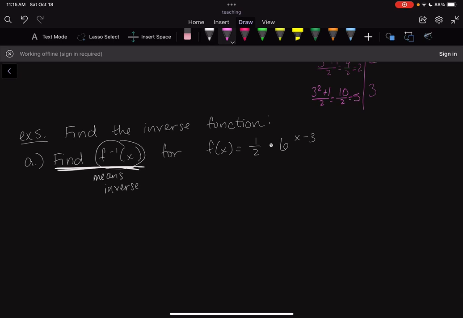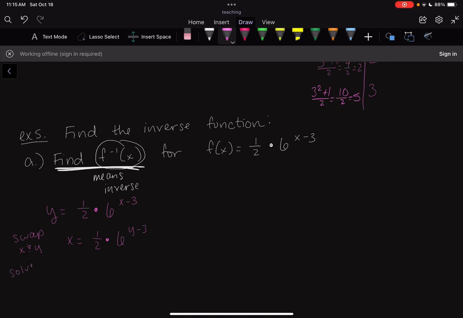So remember from our inverse section, that was 4.1, we first changed my f of x to a y. Then I swap x and y. So I get x equals 1/2 times 6 to the y minus 3.